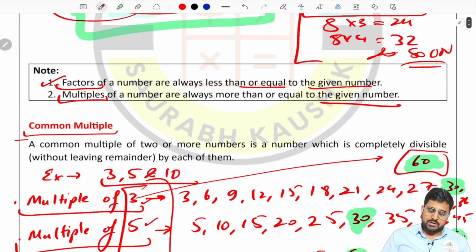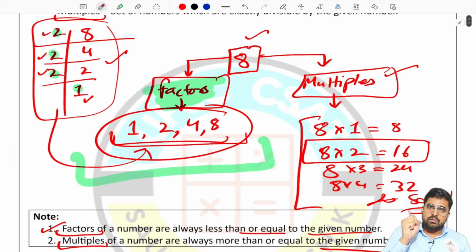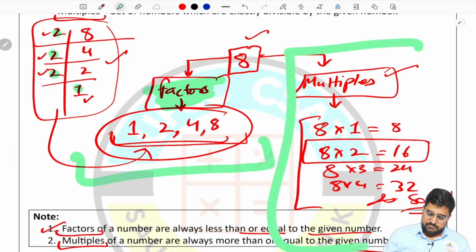Now we are going to study the factors. Again I am trying to emphasize the basic concept so that you learn the concept and don't intermix them. We have studied this part.